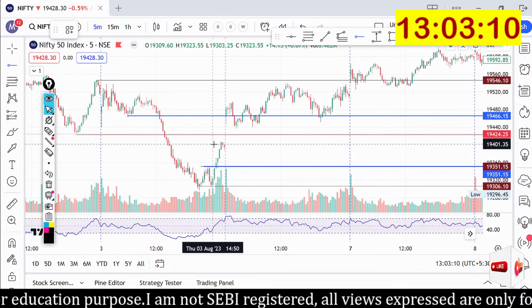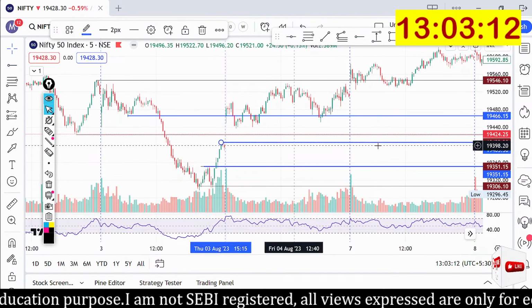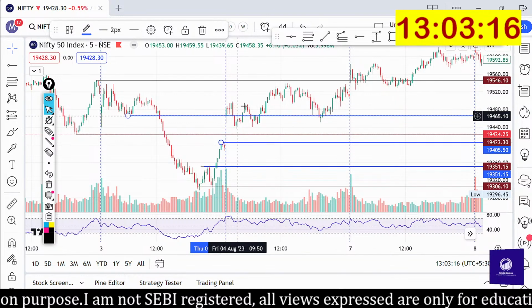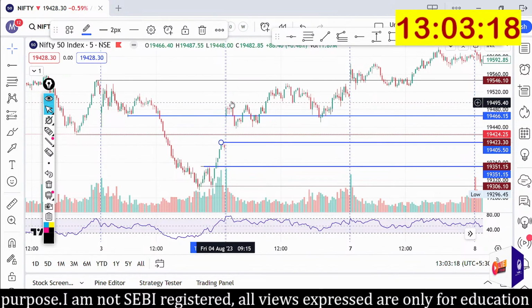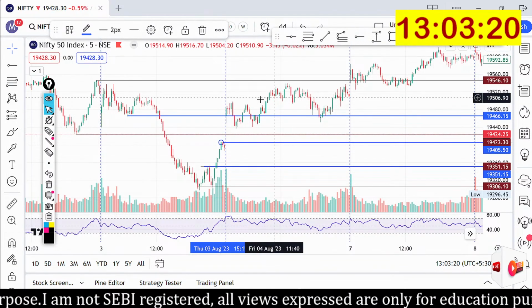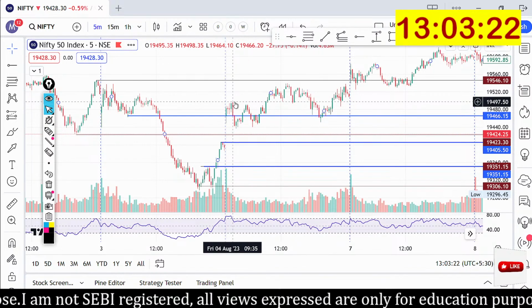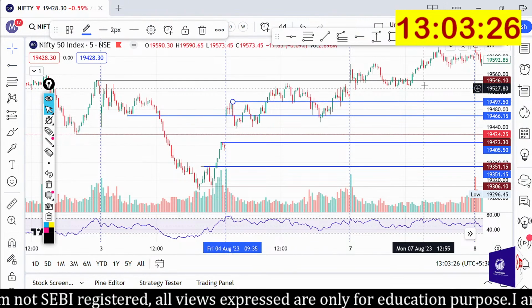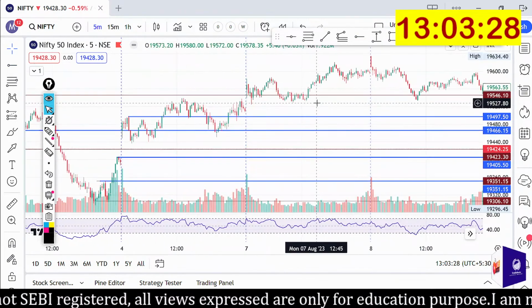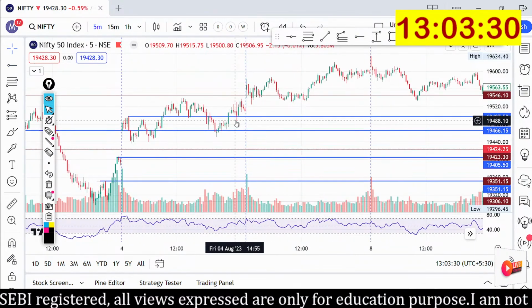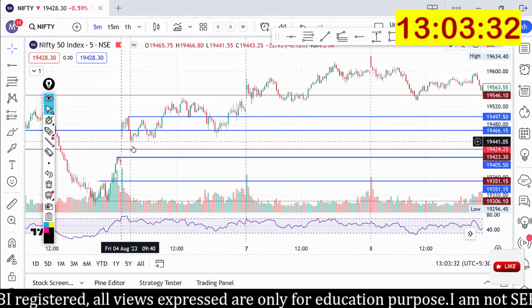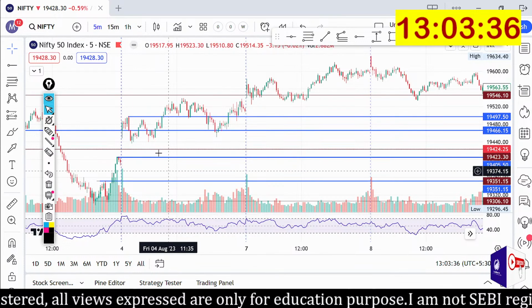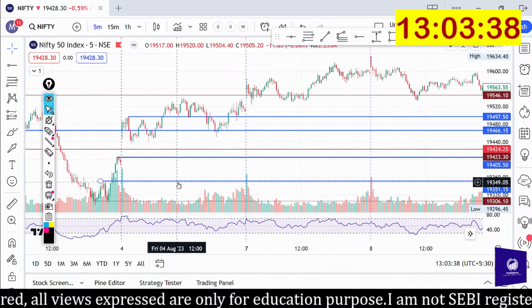Then at this point there was a small hold. The market is not giving way, so at this place it consolidated and became another swing. So for bigger trades, I will wait for this swing to break.